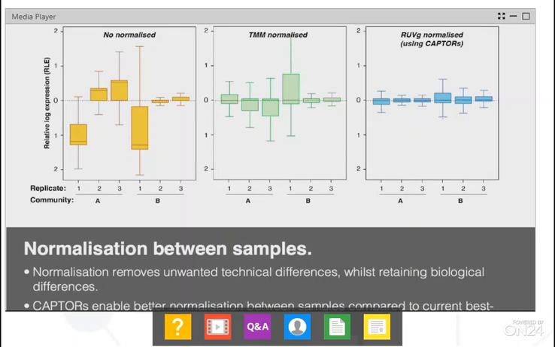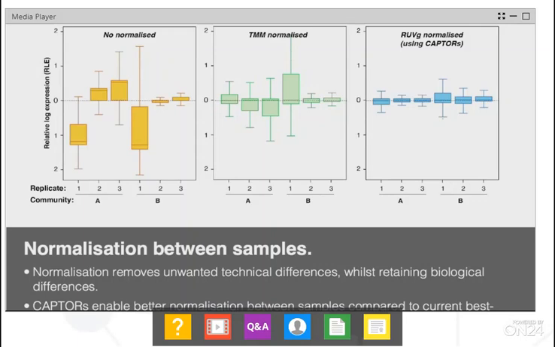You can see here on the left, these are the different replicate samples that have undergone no normalization, and the reference log expression shows the distribution of reads in each individual sample. In the middle, these are the current best practice techniques for normalization, things like trimmed mean of M-values, normalization methods used, for example, in EdgeR and DESeq.